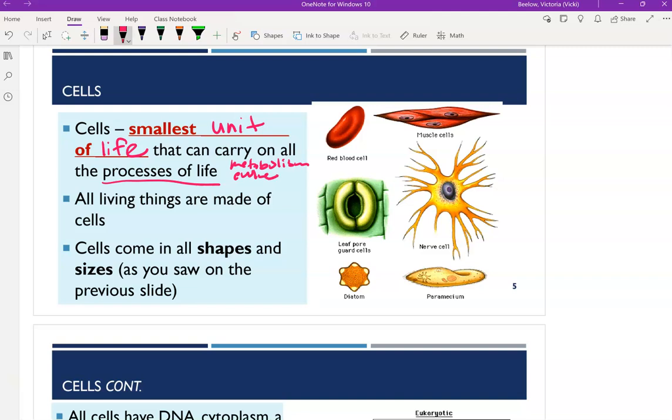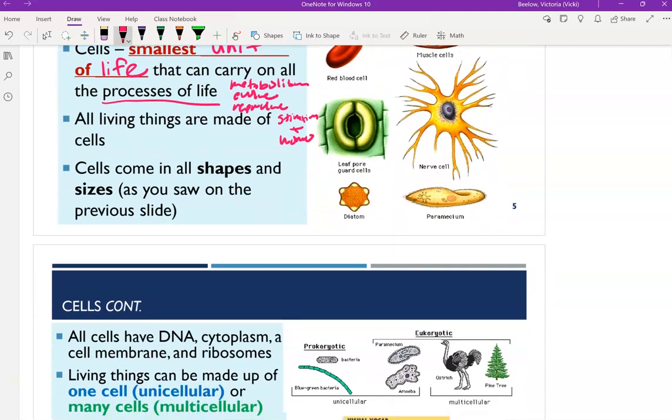They can evolve, they can reproduce, and they can respond to stimuli and maintain homeostasis. So basically the characteristics of life is what I mean by that. All living things are made up of cells: one cell, unicellular, or many cells, multicellular. And again, they come in many shapes and sizes.